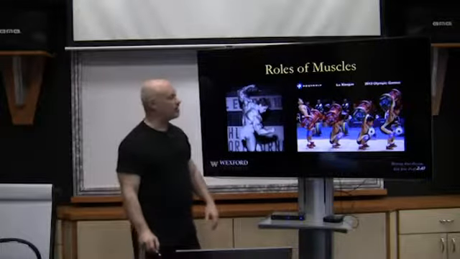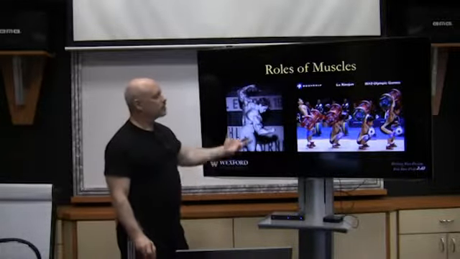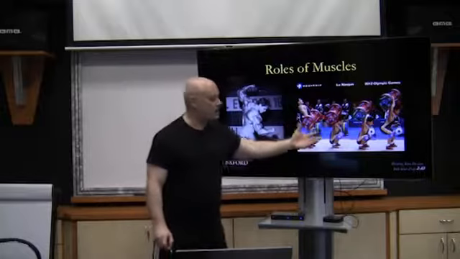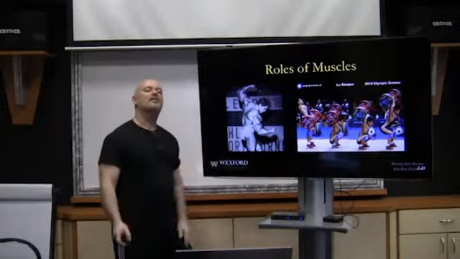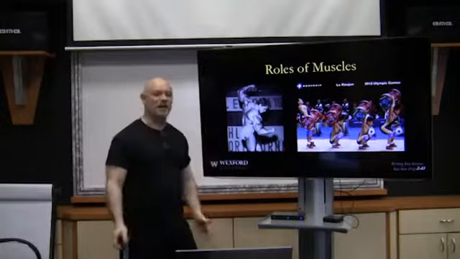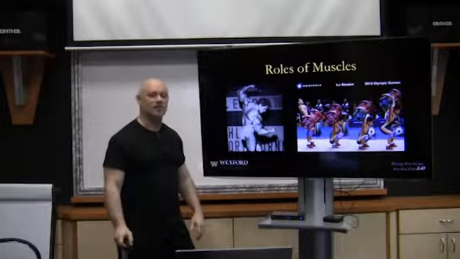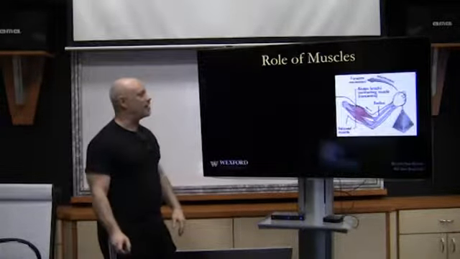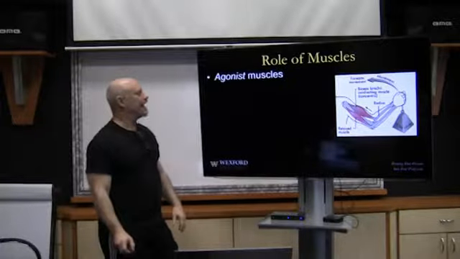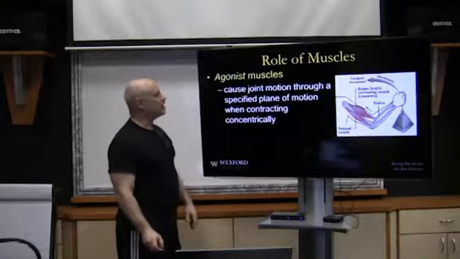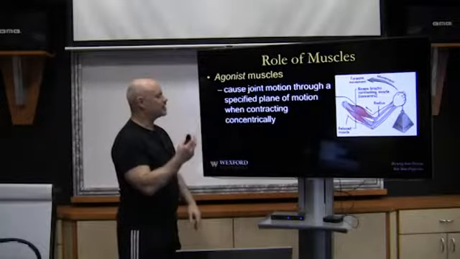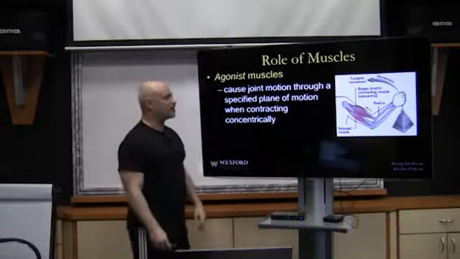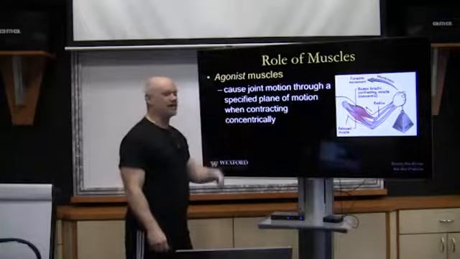Now let's look at the role of muscles. We're going to look at one of the best lifters in China, and we're going to look at Arnold. They're going to help us increase our knowledge of the role of muscles in the body to help make movement happen. Now, the agonist muscle causes joint motion through a specific plane of motion when contracting concentrically.